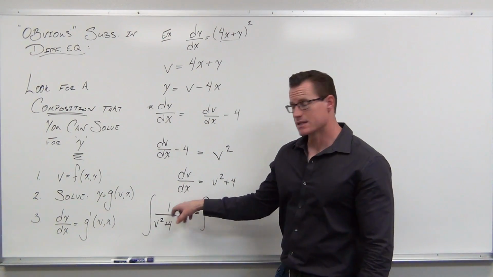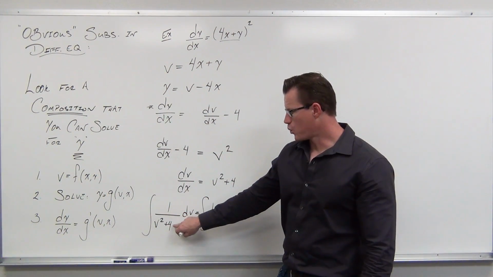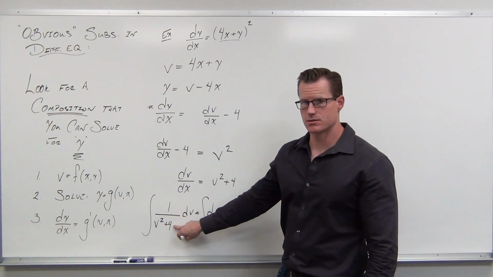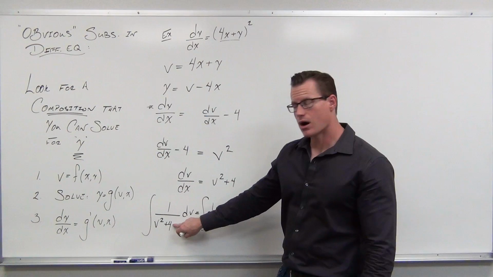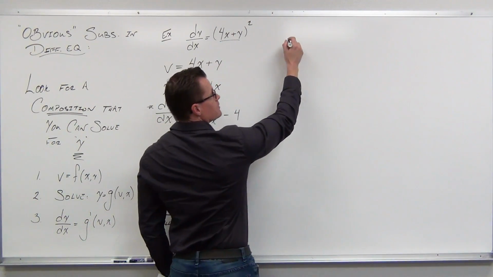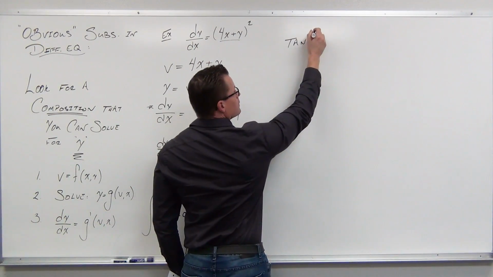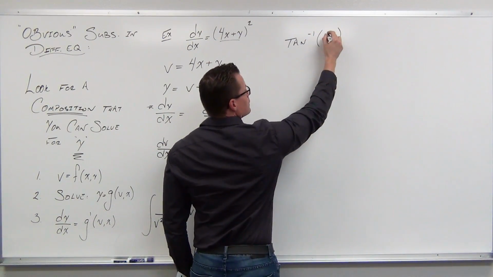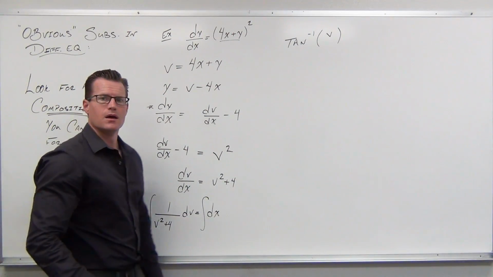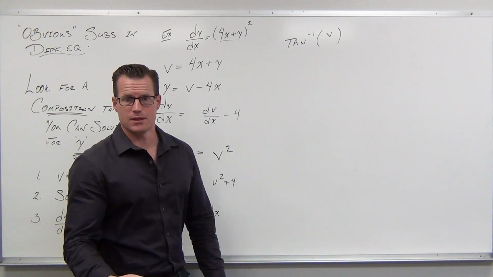When you think about this, this is a tan inverse. If that was 1, you'd get tan inverse of just v. When that number's not 1, you start doing stuff like this. You go, okay, well, I know it's going to be tan inverse of v. That would be if this number were 1. But you can think of it like this.